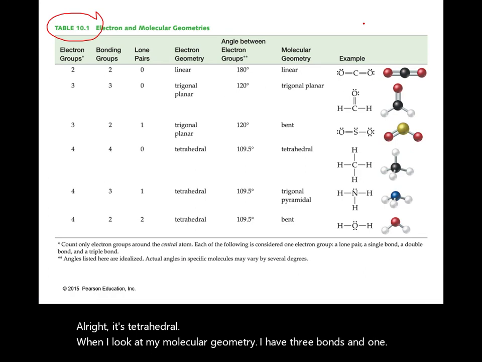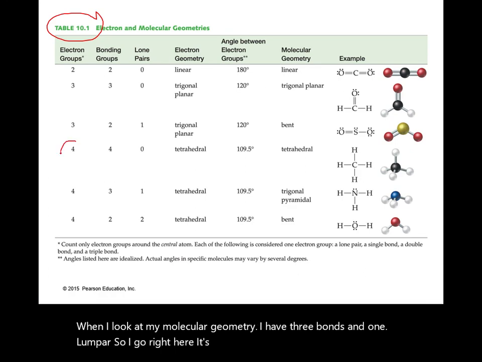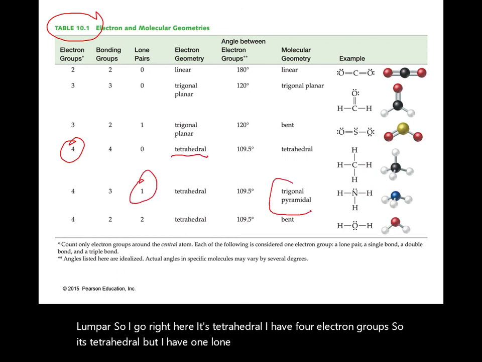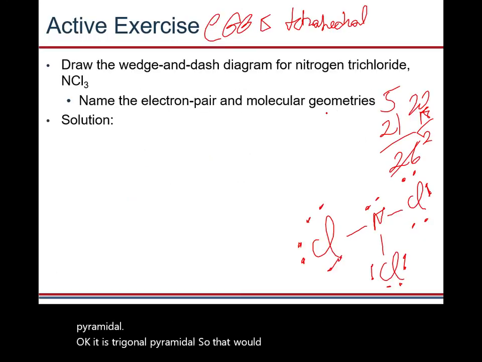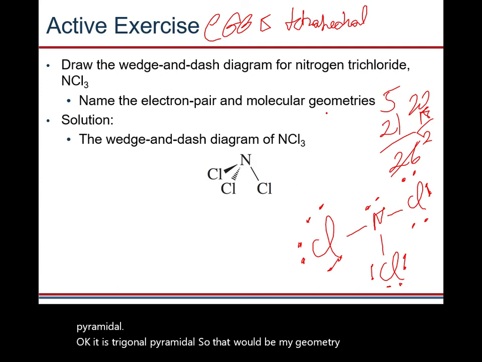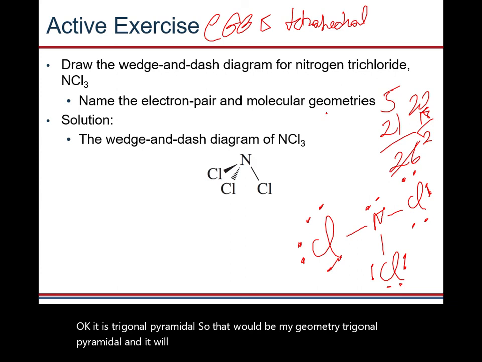So I go right here. It's tetrahedral. I have 4 electron groups. So it's tetrahedral, but I have 1 lone pair. Therefore, it's trigonal pyramidal. Okay? It is trigonal pyramidal. So that would be my geometry, trigonal pyramidal, and it will have the following wedge and dash diagram. I hope that makes sense.